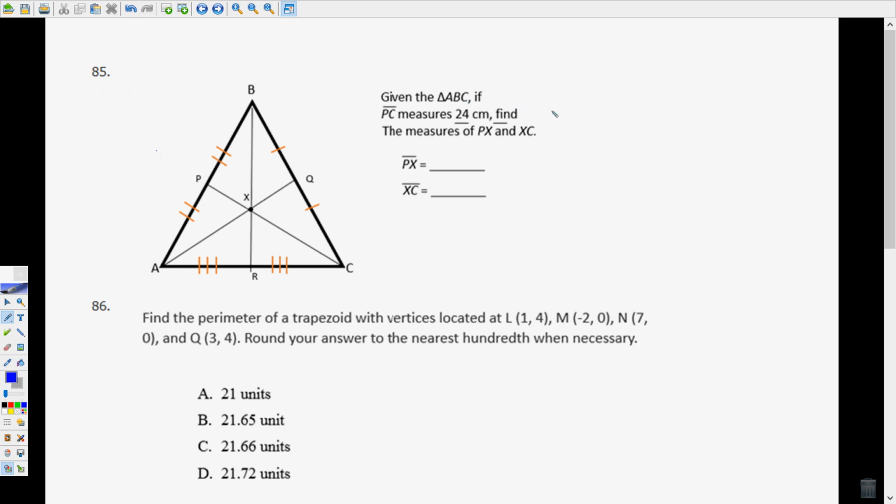Given the triangle ABC, if segment PC measures 24 centimeters, find the measure of PX and XC.